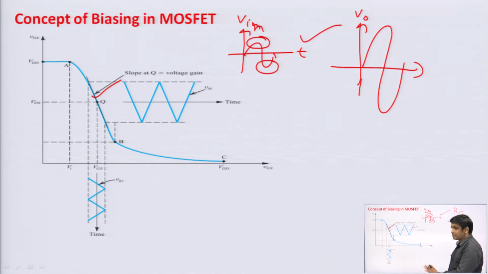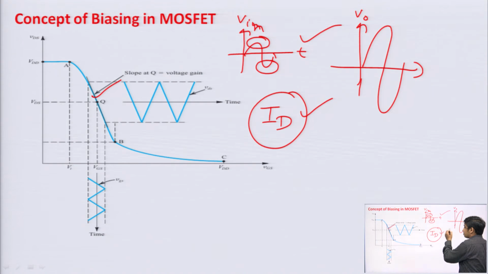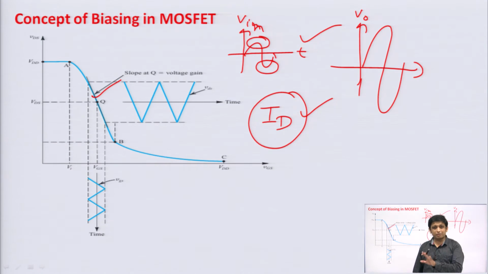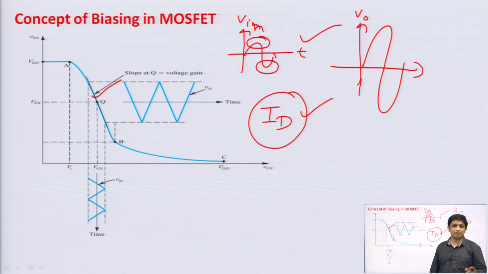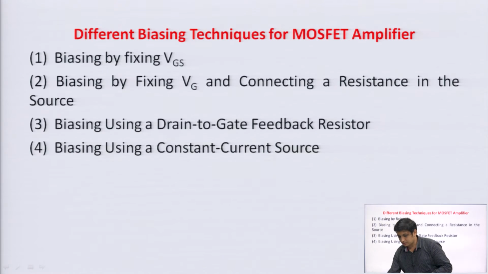In biasing we ensure that the drain current does not change due to variation in temperature. If there is a small variation in the W by L ratio, your ID should not change. If your drain current changes, then your operating point will shift and distortion may come at the output. In order to remove these problems, we do the biasing.